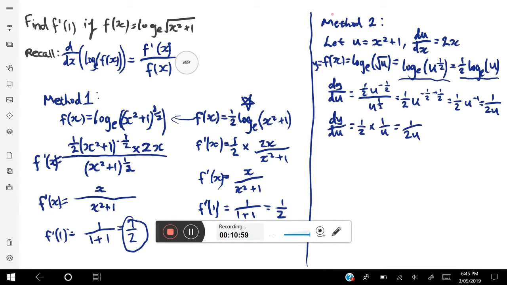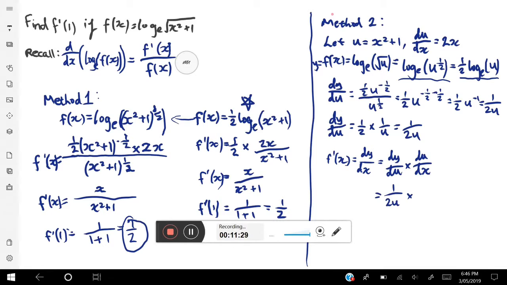So the same thing. And then what you do is chain rule. So what you want to find in the end is f dash of x, and f dash of x is the same as dy dx, and dy dx using chain rule is the same as dy du times du dx. So we already know what dy du is from the above. That's 1 on 2u.